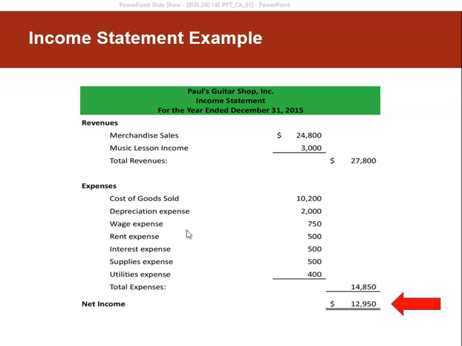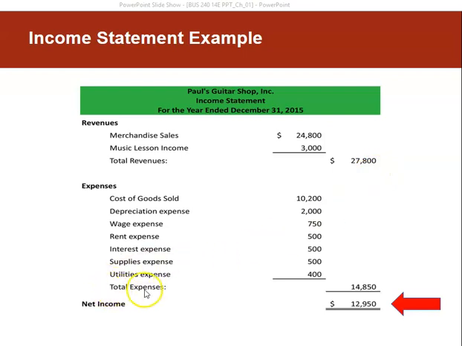Here we have an example of a very, very basic income statement. This is called a single step income statement. And that simply means that we're going to take our revenues and put them up here at the top, and then we're going to subtract out all of our expenses, and we're going to come up with net income. So it looks like we had total revenues of $27,800 here.